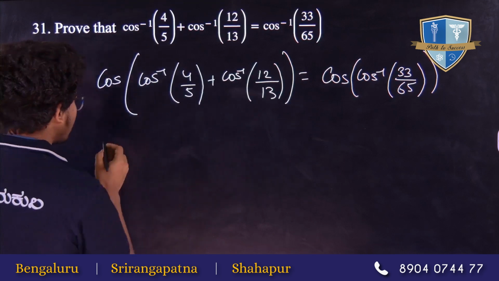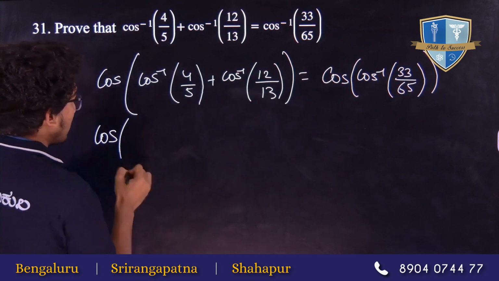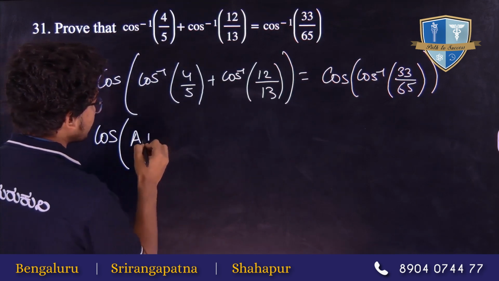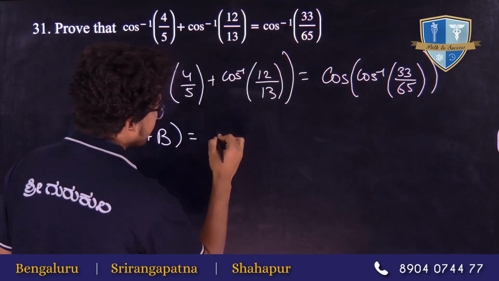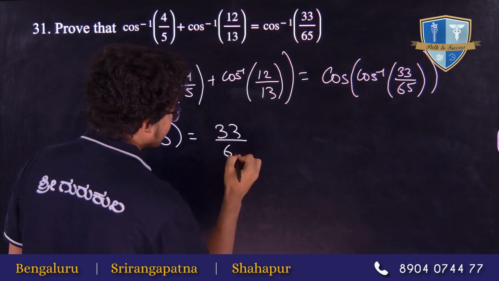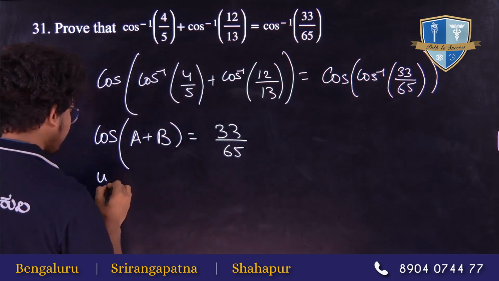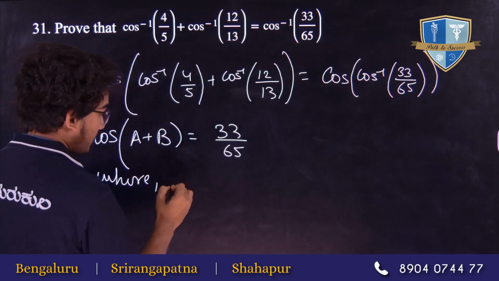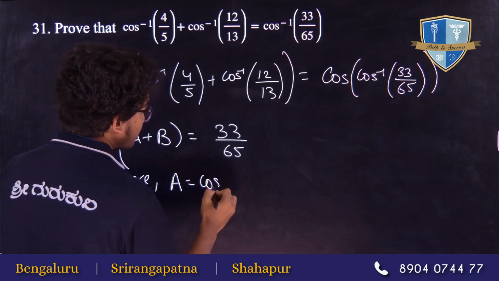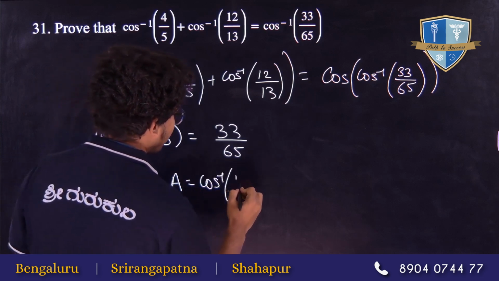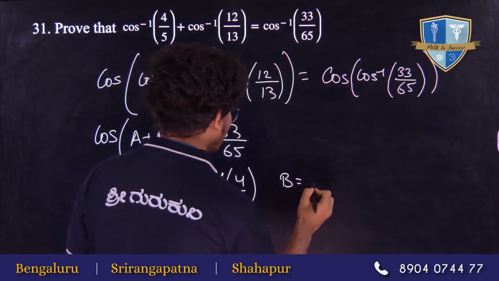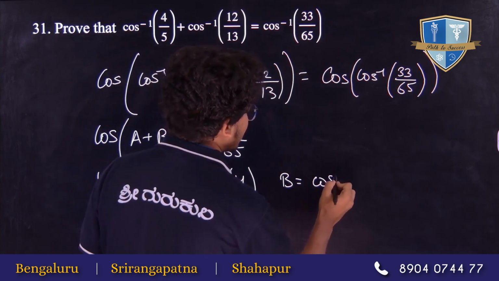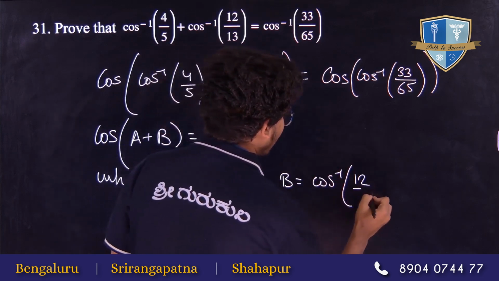So this is nothing but cos of A plus B is equal to 33 by 65, where A is equal to cos inverse 4 by 5 and B is equal to cos inverse 12 by 13.